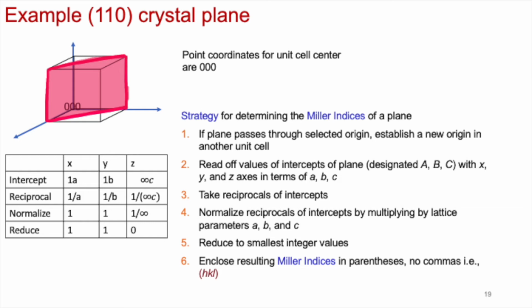Here you go 1A, here you go 1B, but in the Z direction, there is no intercept. We say that is by definition infinity. Mathematically, it's infinity of C, and then when you divide 1 by infinity, you get 0 by definition.